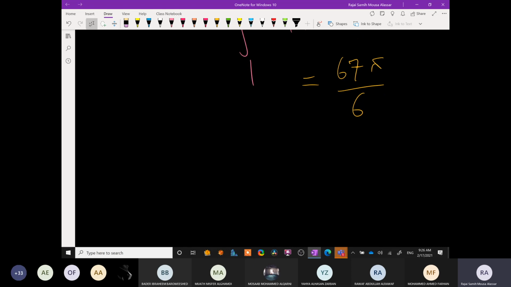Okay guys. Now I have 2 more exercises which are fairly simple. What I want you to do is describe the solid whose volume is given by this.